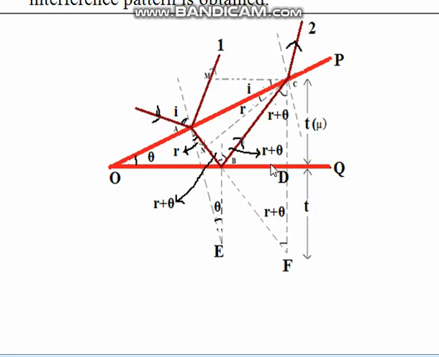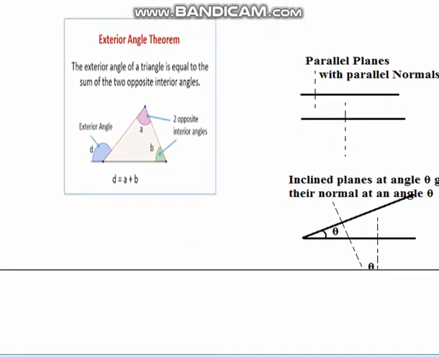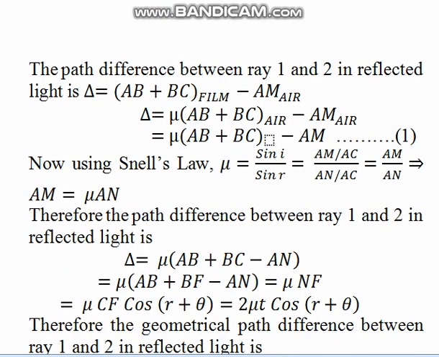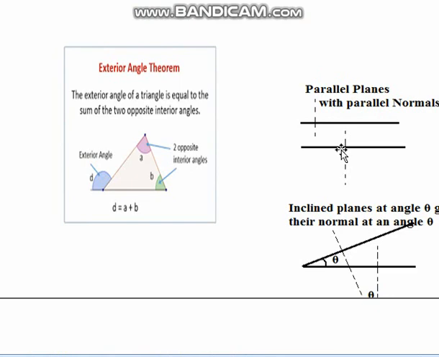Once we get the geometrical path difference, we will add the optical path difference due to the reflection, which is lambda by 2. The path difference between rays 1 and 2 in the reflected light is AB plus BC in film minus AM in air.